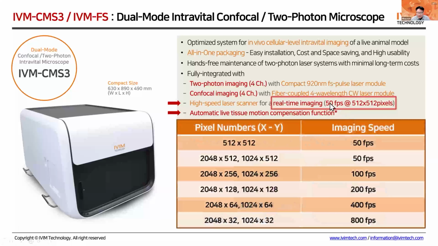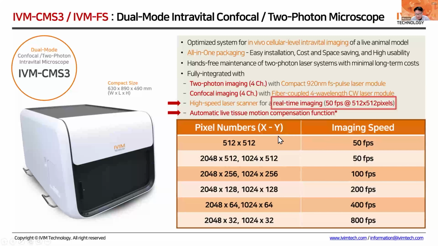Our default speed is 50 frames per second with 512 by 512 pixels, but our imaging speed is only limited by the number of pixels in the y-axis.